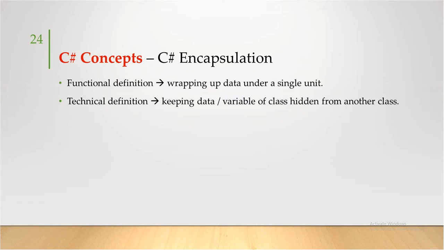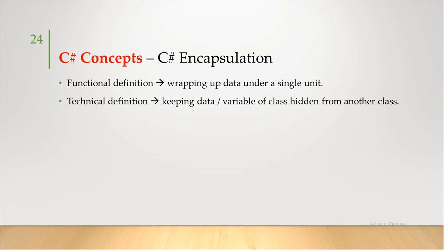Technically, the variables or data of your class are hidden from any other classes and can be accessed only through a member function of the class in which they are declared. As in encapsulation the data in the class is hidden from other classes, it is known as data hiding. We are not allowing other classes to access the data from one class. That's the technical definition of encapsulation.